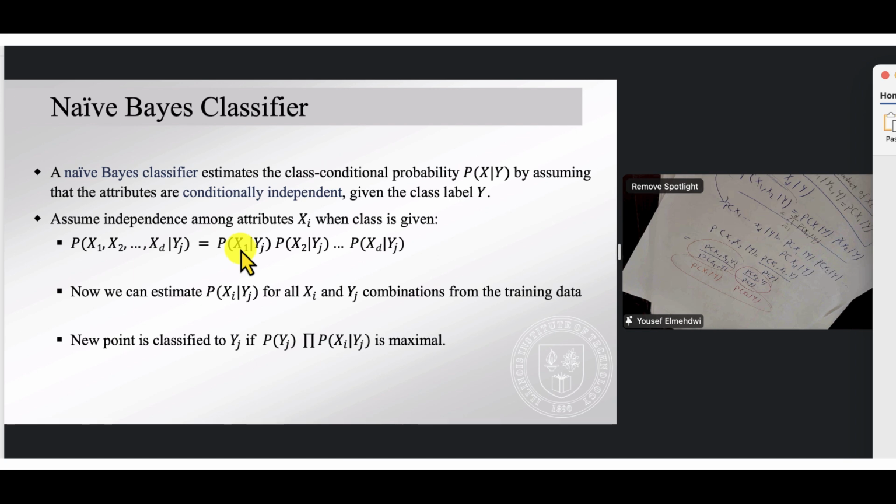Since x1, x2, up to xd are independent given the value of the variable y, to compute the probability of each feature it depends on the data type of the feature. I'll give you two cases to see how we can compute the probability, and the rest is going to be straightforward.